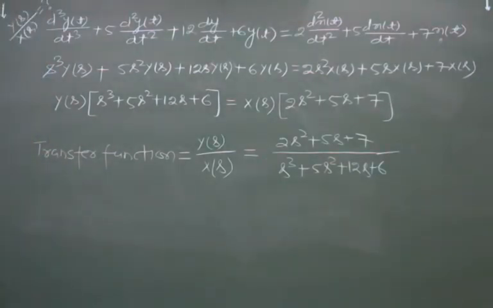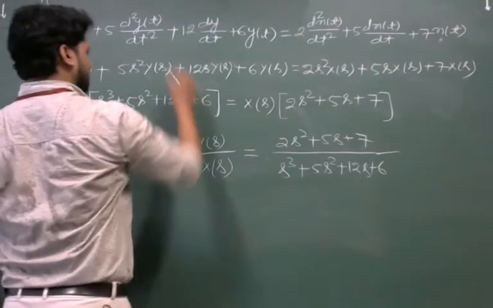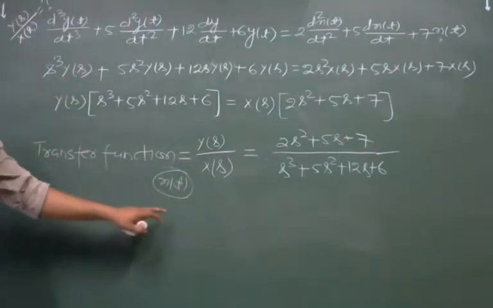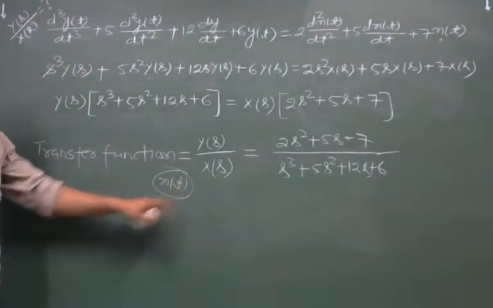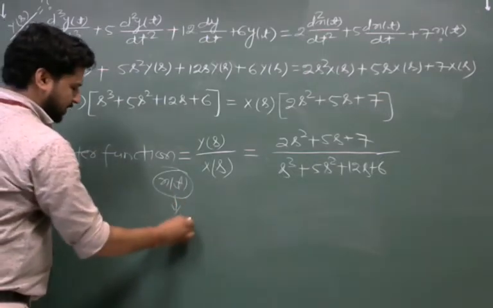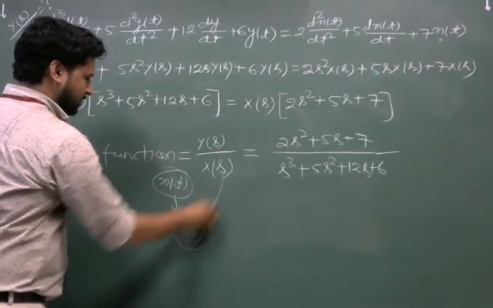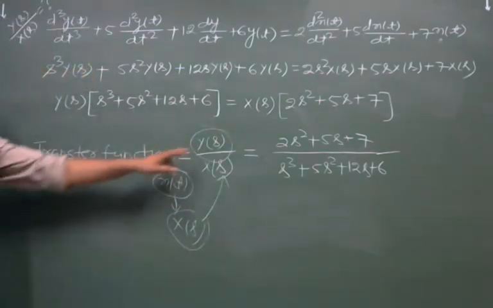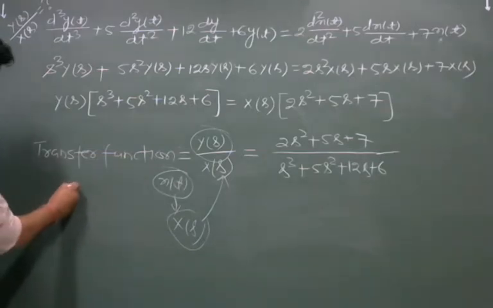So if the input for the system is given, suppose x of t, then we can find x of s, and if we can find the value of x of s, we can find y of s, and after taking the inverse Laplace transform of this y of s, we can find the output of the system y of t.